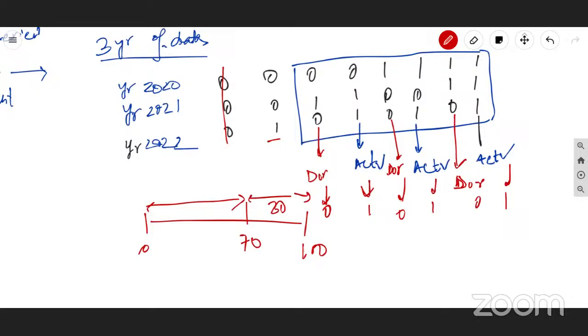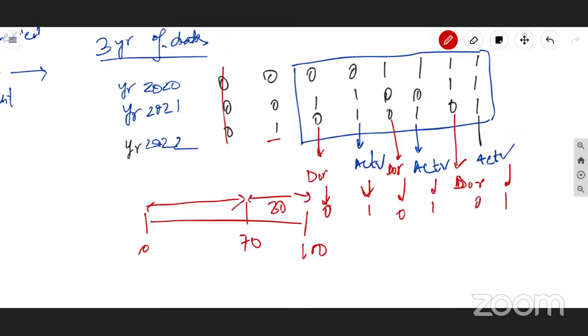This is good for our exploration study, but not for predictive modeling, because you are introducing a bias by saying that 1 1 0 is dormant.